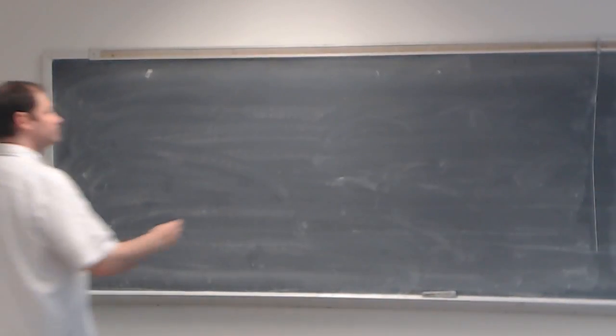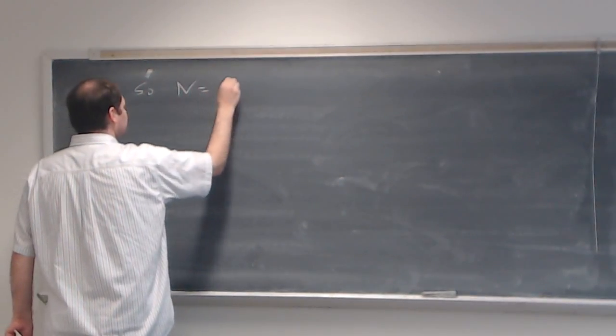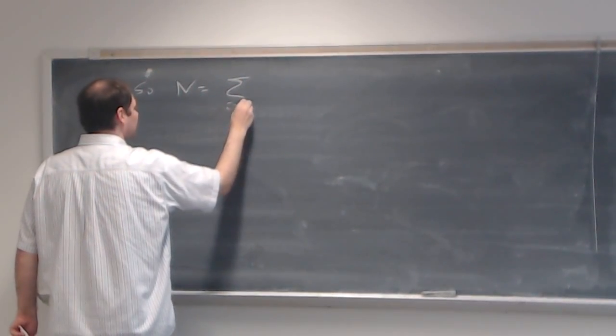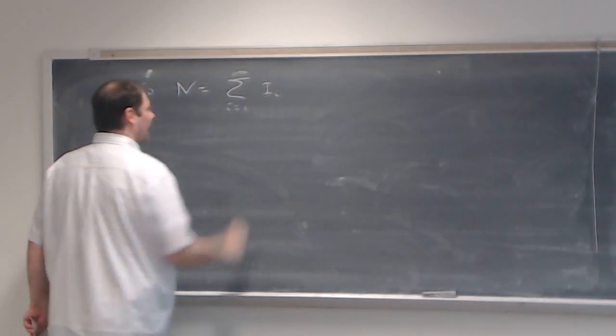Based on that definition, it's clear that n is equal to the sum as I runs from 1 to infinity of I sub I.